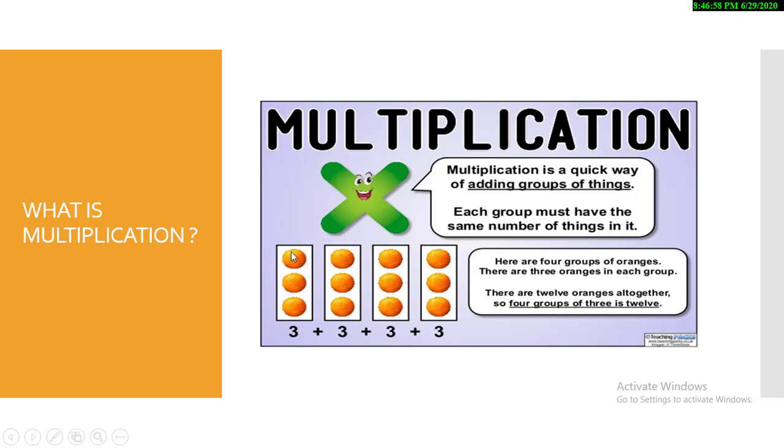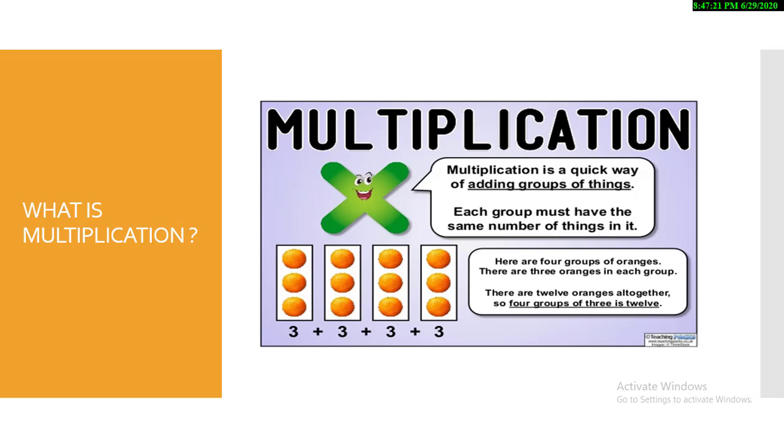There are 4 groups: 1 group, 2 groups, 3 groups and 4 groups. So there are 4 groups over here and each group has 3 balls. So 3 fours are 12. We can quickly count it and get the answer. So multiplication is a quick way of addition.